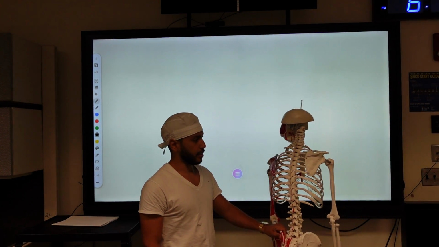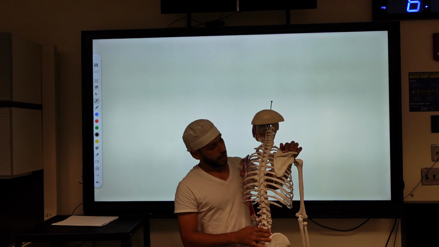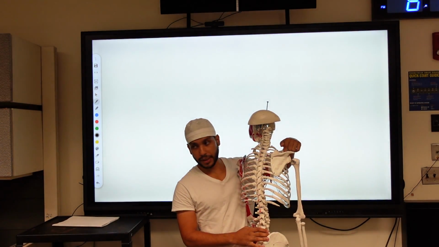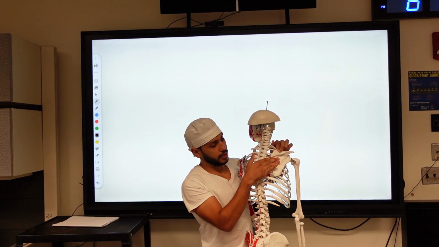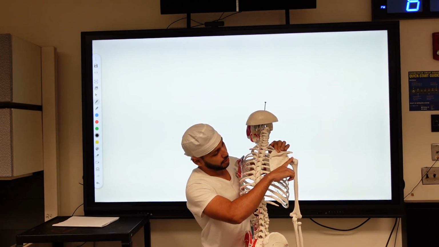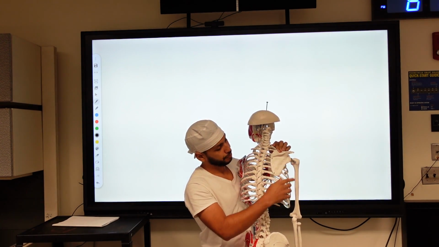Let's say we're looking at the scapula from the posterior side. I told you there was a muscle lying in the supraspinous fossa called the supraspinatus. In the infraspinous fossa, there's the infraspinatus. Directly inferior to that, there's a muscle called the teres minor.